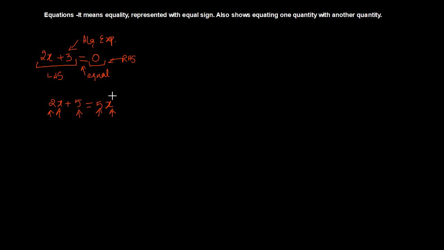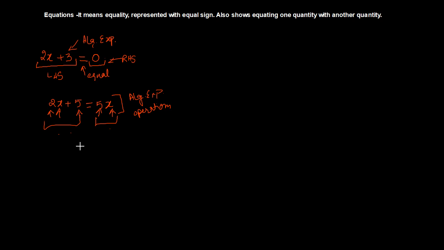To solve these equations, you also need to know operations on algebraic expressions. For now, just understand what an equation is: we equate something to something else, which is RHS equals LHS, or LHS equals RHS.